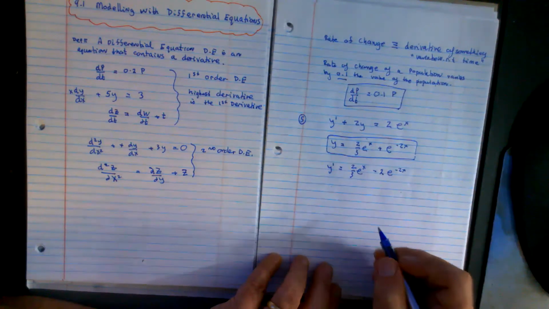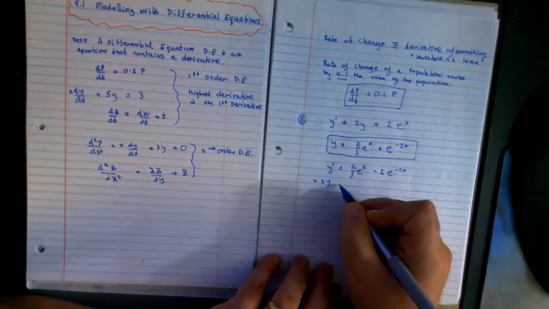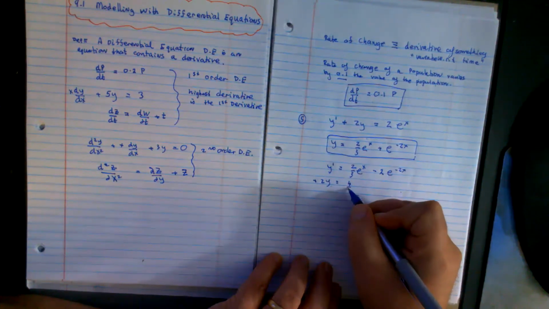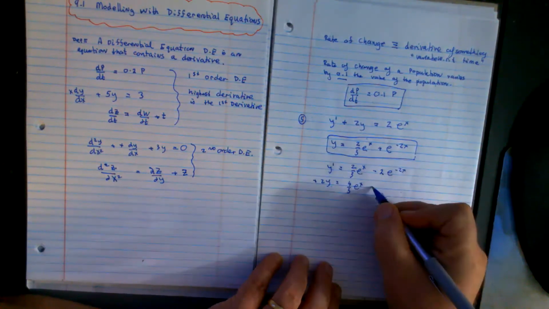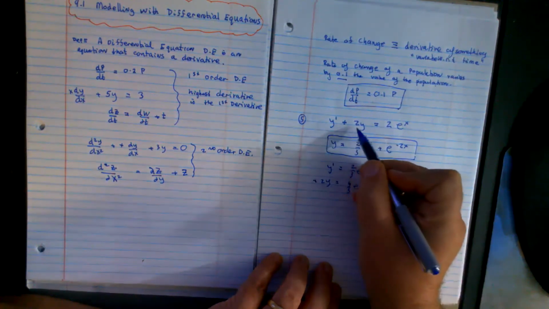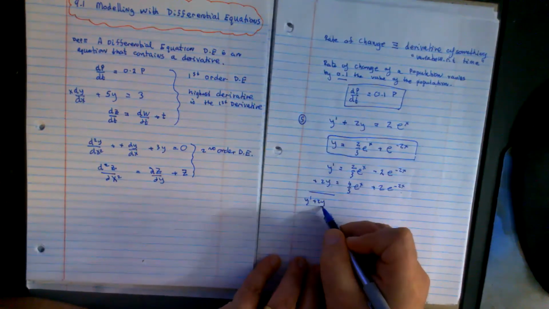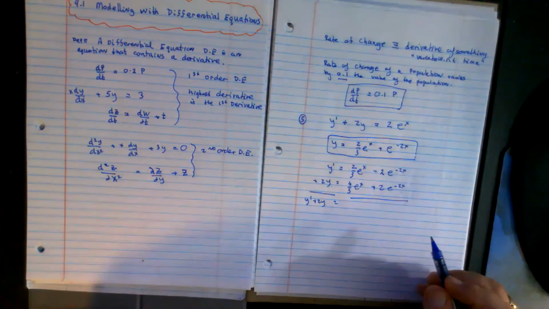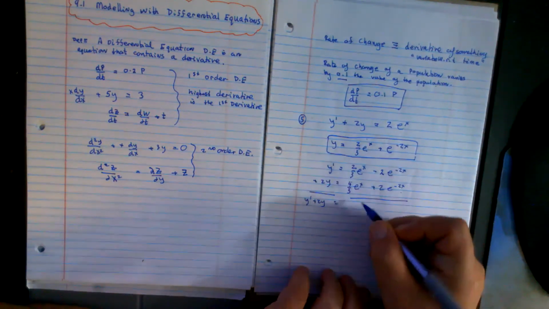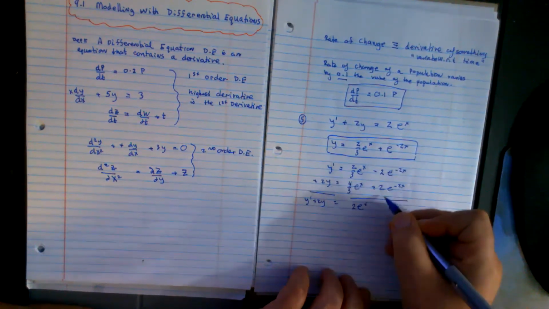Now, I'm just going to make it a little column. So I'm going to add 2y. So 2 of these guys get you 4/3 of this guy plus 2 of this guy. Now, if we add them together, what do I get? Well, that and that gets me 6/3, so I get 2e to the x, and that cancels, and it's a yes.